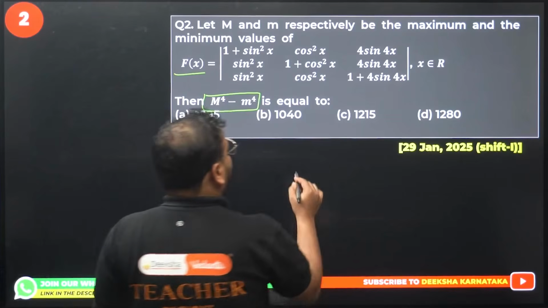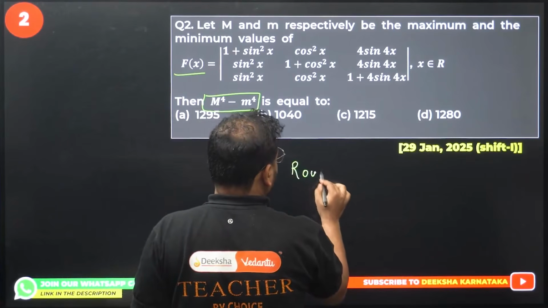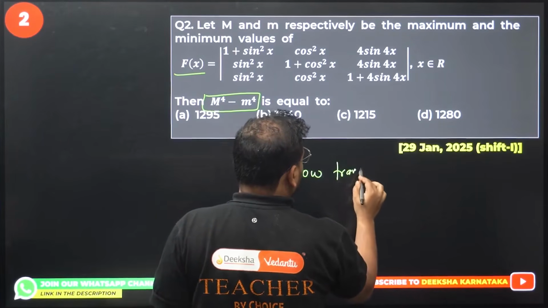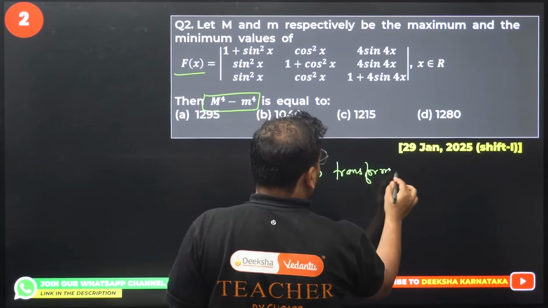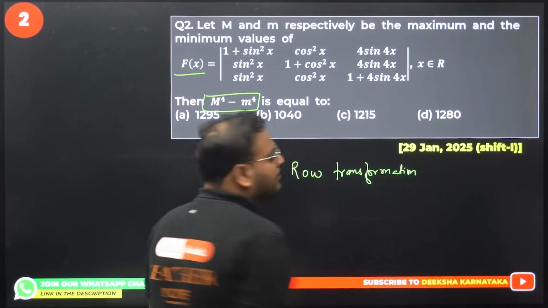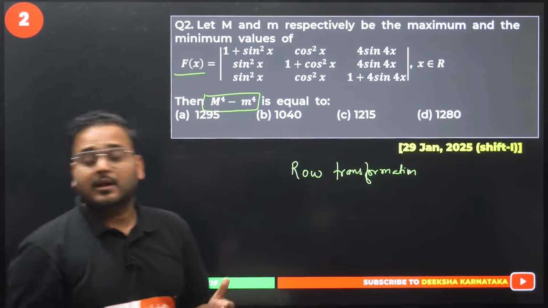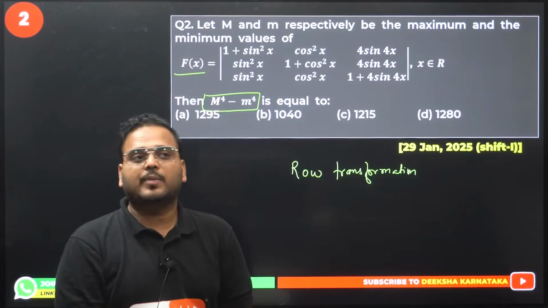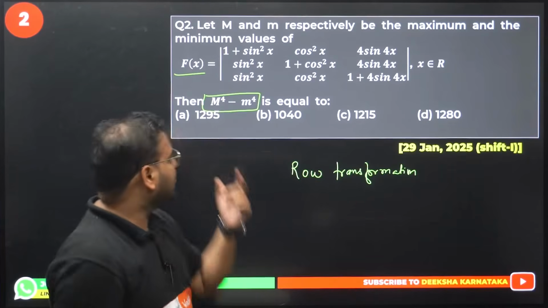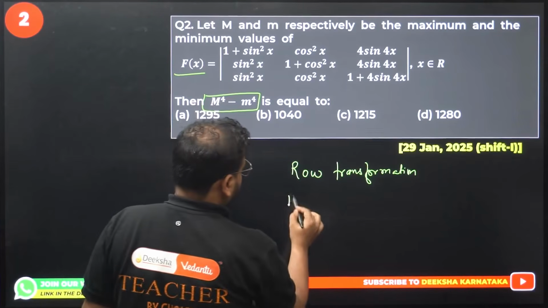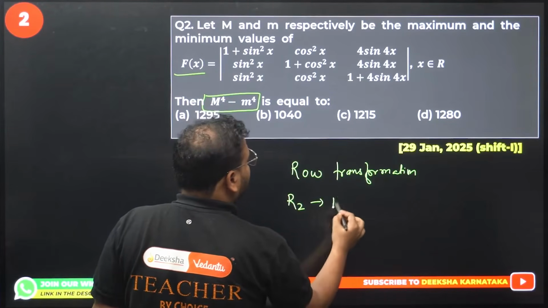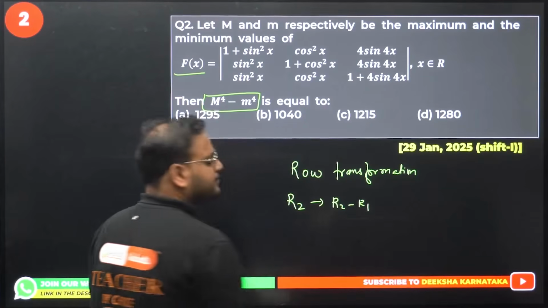Do one thing: apply row transformations. If somebody is thinking, what is this? If you don't know that, I'll tell you. Basically, you rewrite a row. For example, I can rewrite row 2 as row 2 minus row 1.